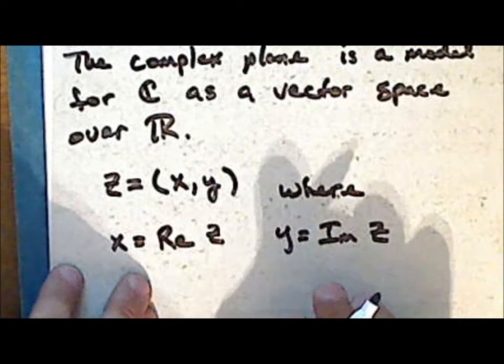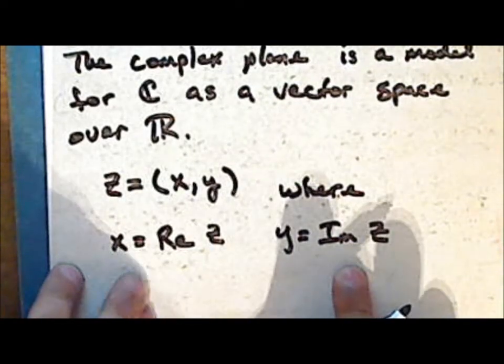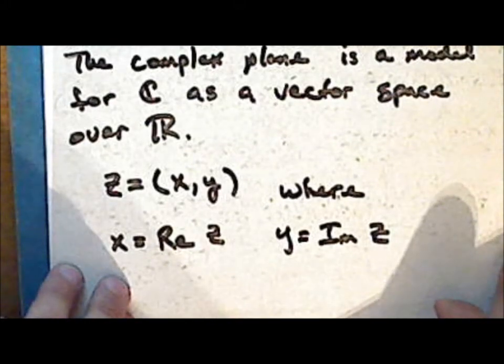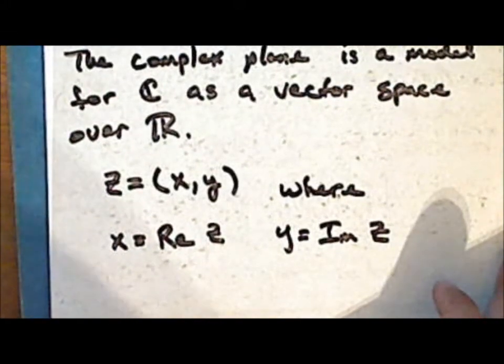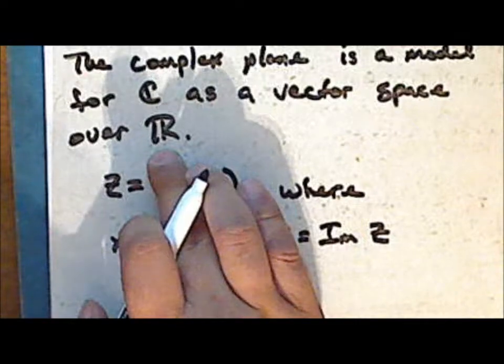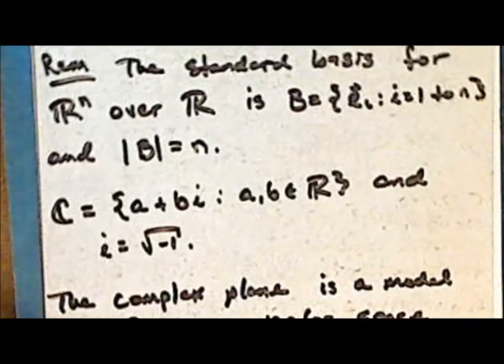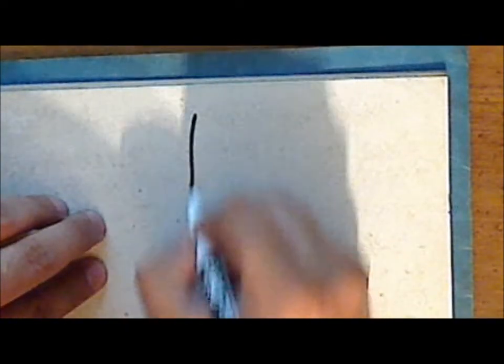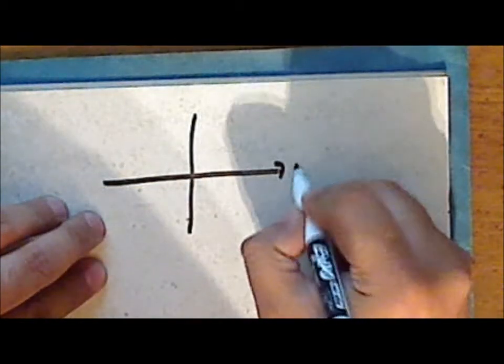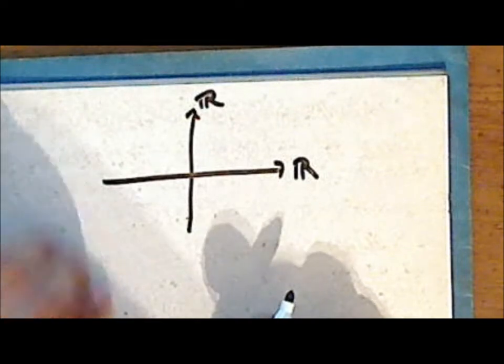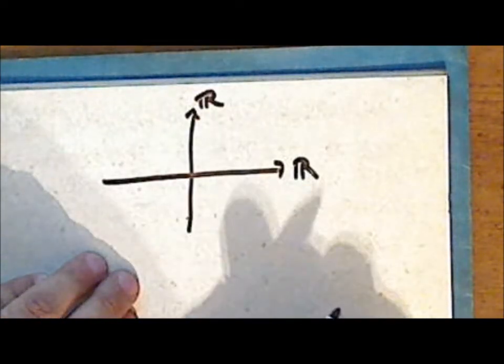Now we use the terms real and imaginary, but the complex plane once again is a vector space over scalars consisting of real numbers, and so ordered pairs of real numbers. And so the complex plane consists of two axes, both real. A common mistake is to refer to the vertical axis as the imaginary axis. Both axes are real.